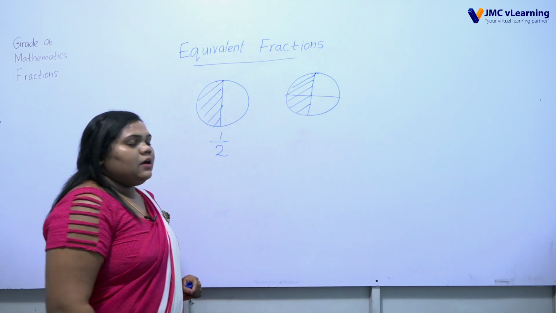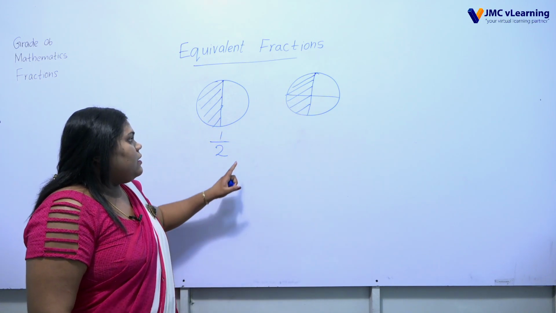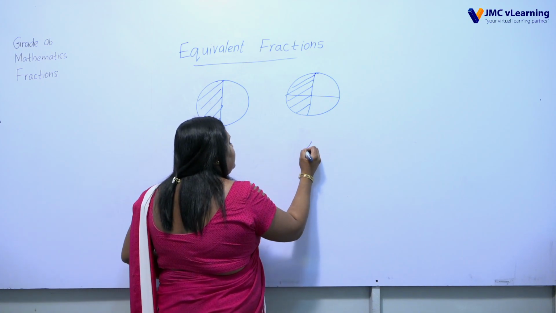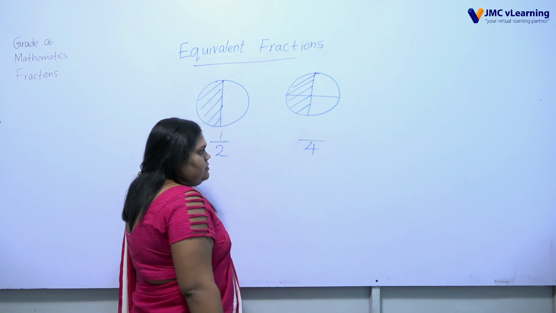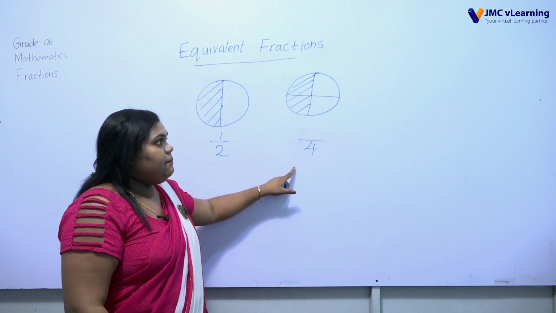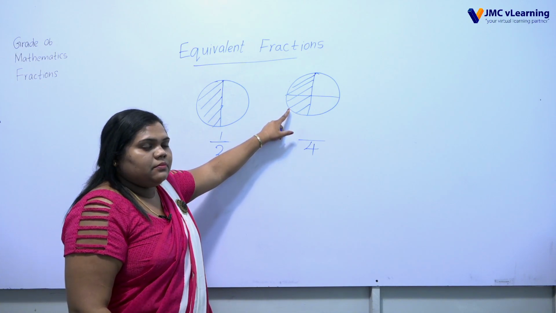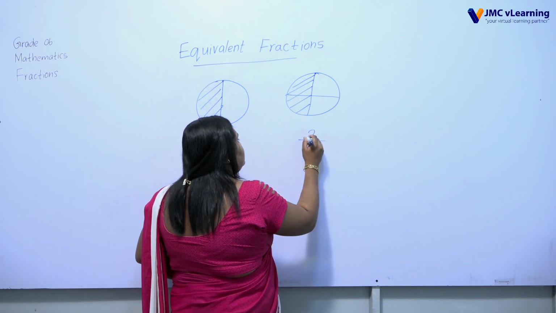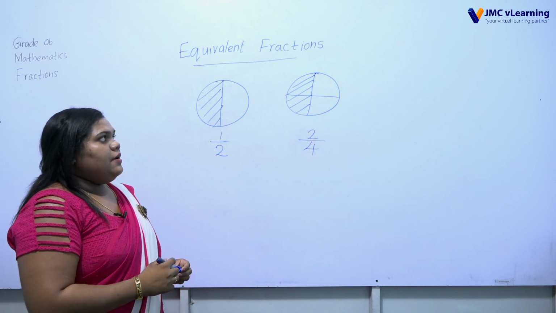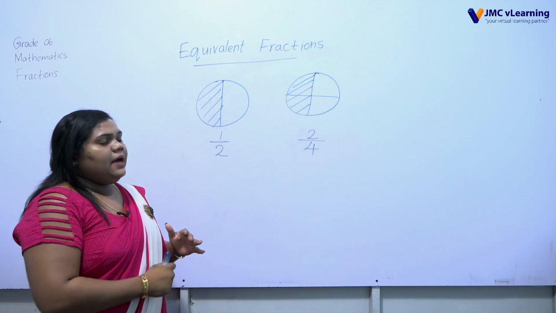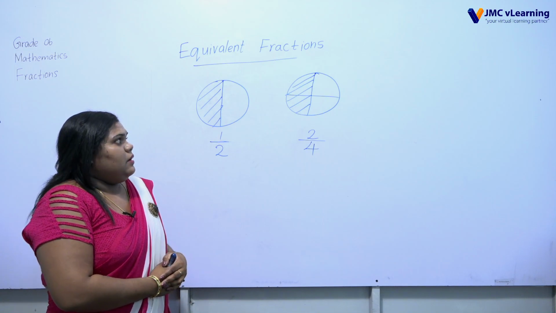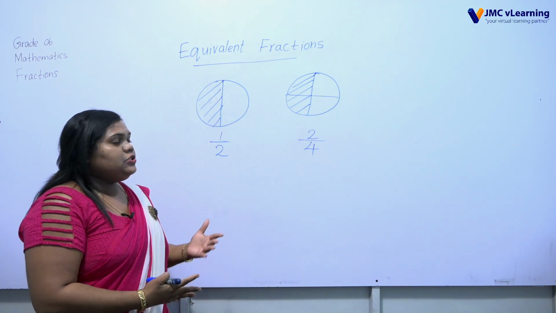How can I write that one? First you write the total number of parts. There are 4 equal parts and I have colored 2 parts from it. So 2 out of 4. Now when you compare these two, what can you tell about those two shapes?